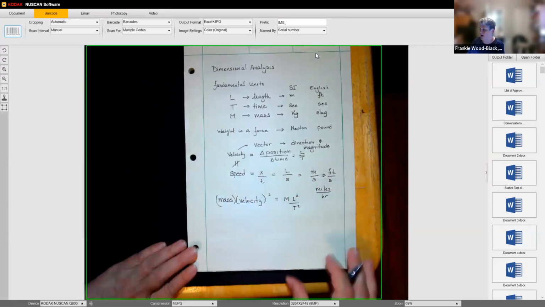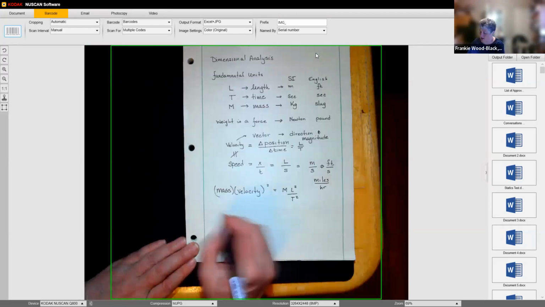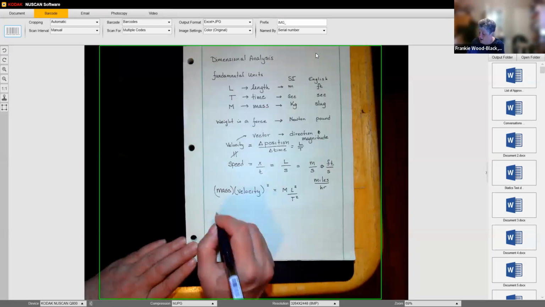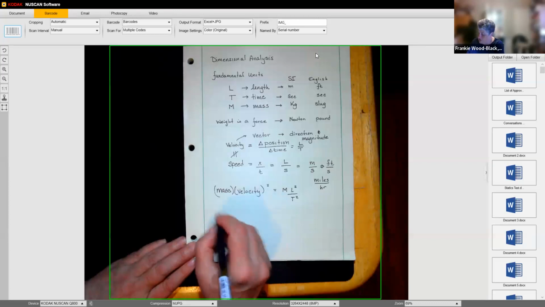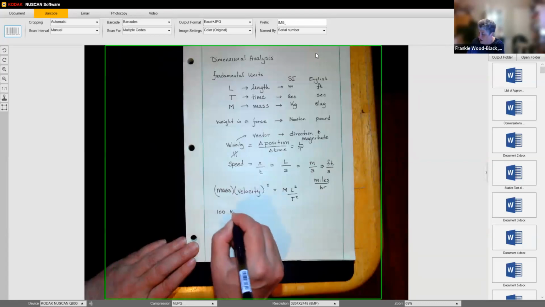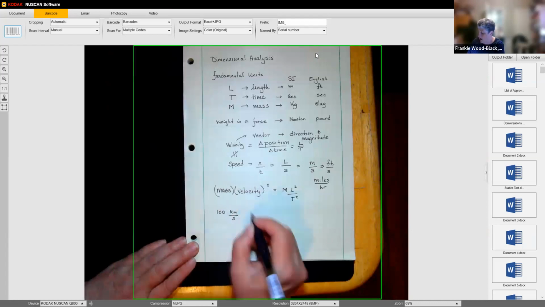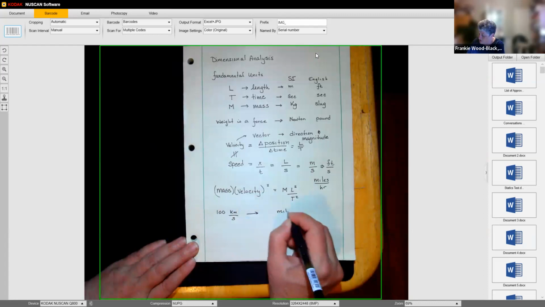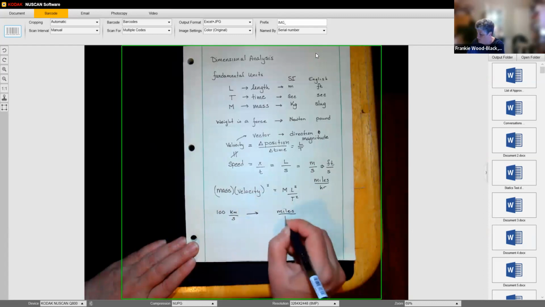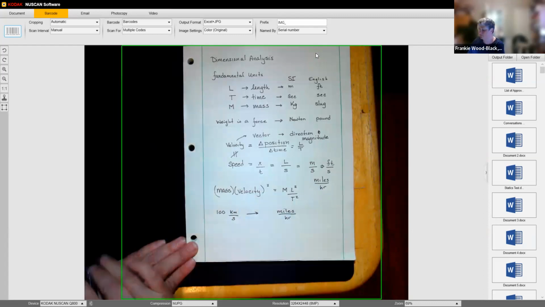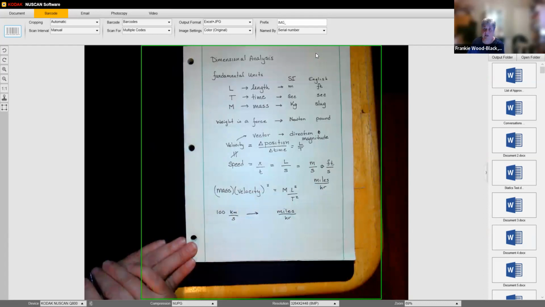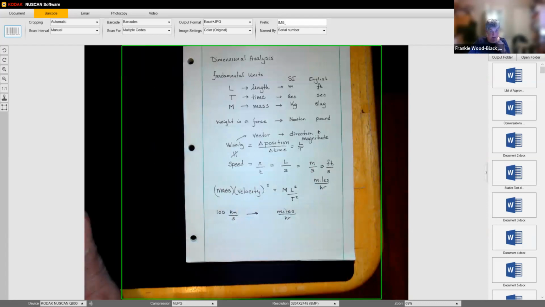Now, where this all comes into play is, let's say I have something that travels 100 kilometers per second, and I want to know what that is in miles per hour. Well, first thing I'm going to need is some ones so that I can do my conversion. Give me a second here because I want to make sure I don't use the wrong number.